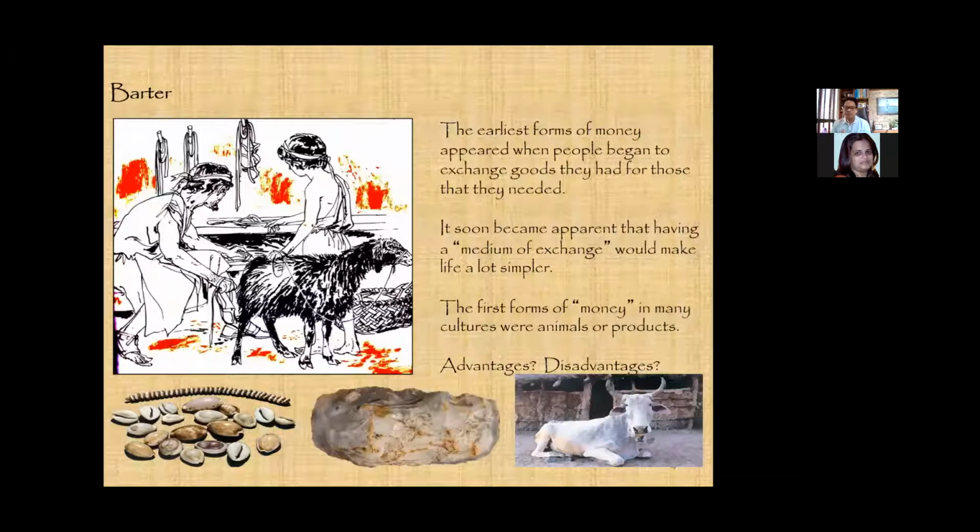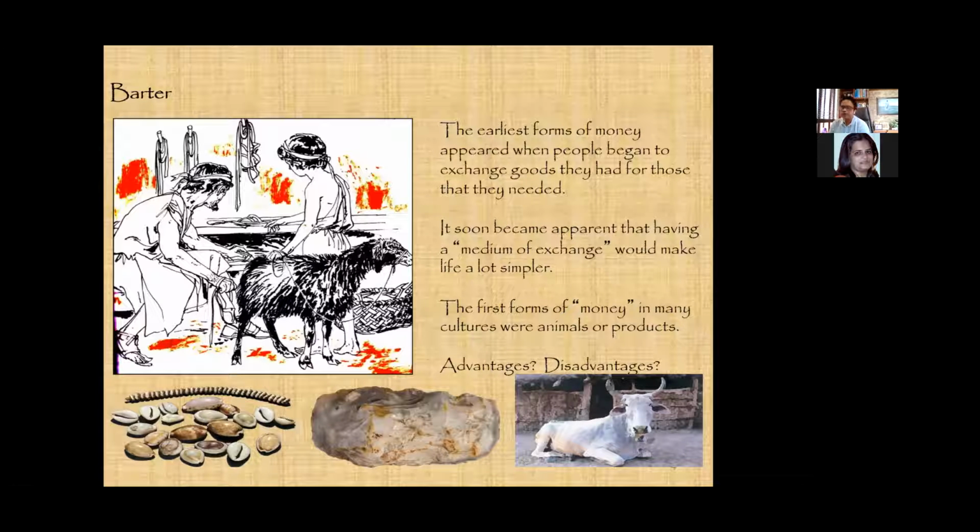Now, how exactly this system has developed is something that we need to understand. The earliest form, we all know, was a barter system. So basically, if you wanted to get some grains, you exchanged a goat and got grains or rice or something that you can eat.